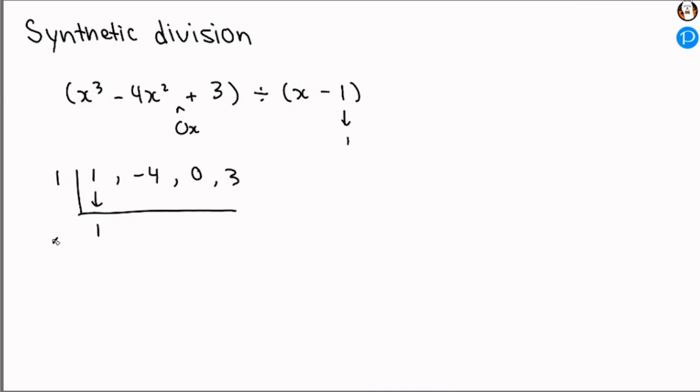multiply by 1 is going to give 1, and we're going to add to get -3, multiply again to get another -3, and then we're just going to add to get -3 again, and then our remainder is going to be 0.